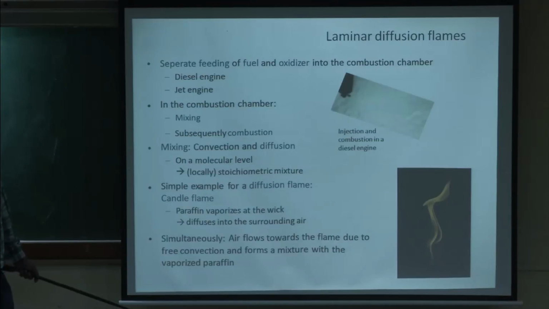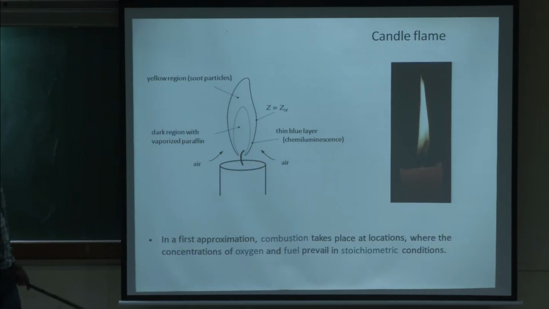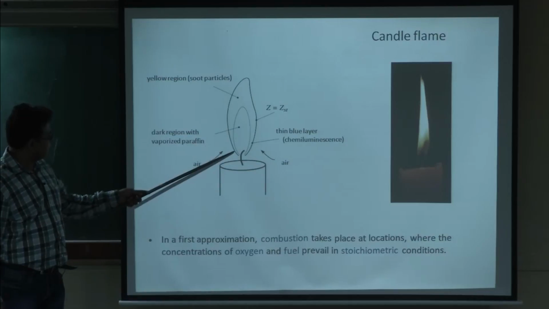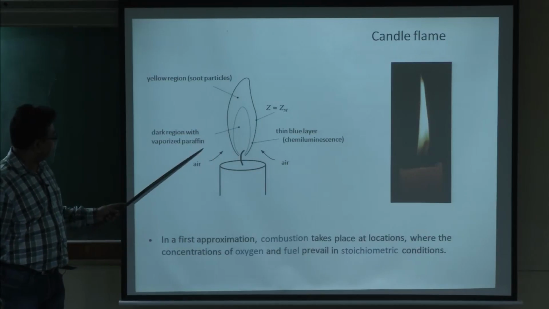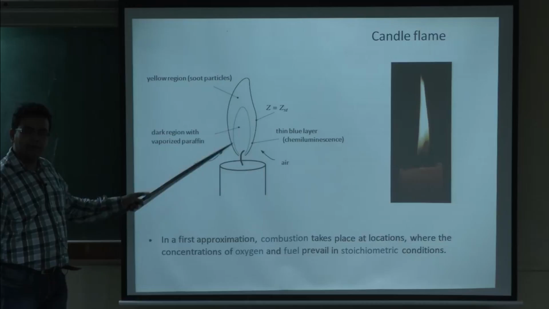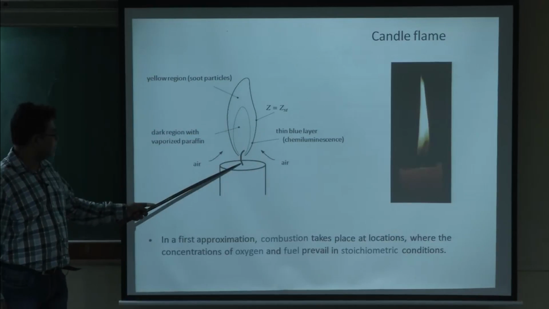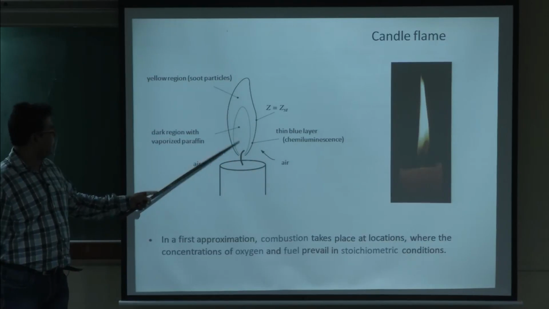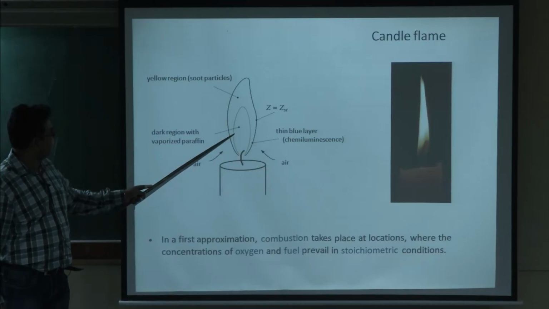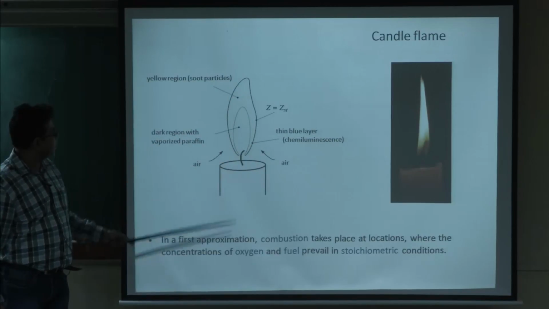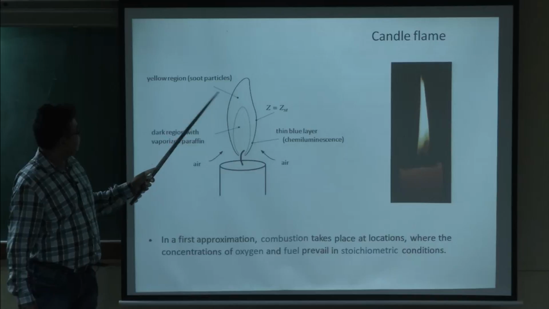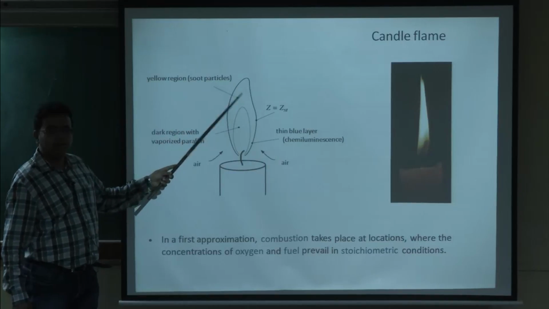When you light a candle, you can see a dark region where the paraffin coming from the candle is getting evaporated, and after that there is a flammable region. You can see a yellow region that contains the soot particles.